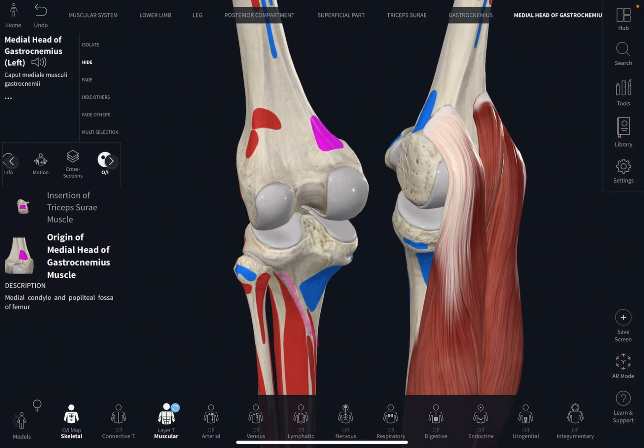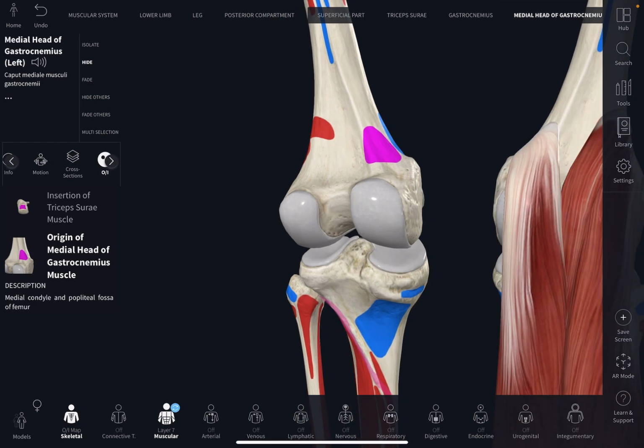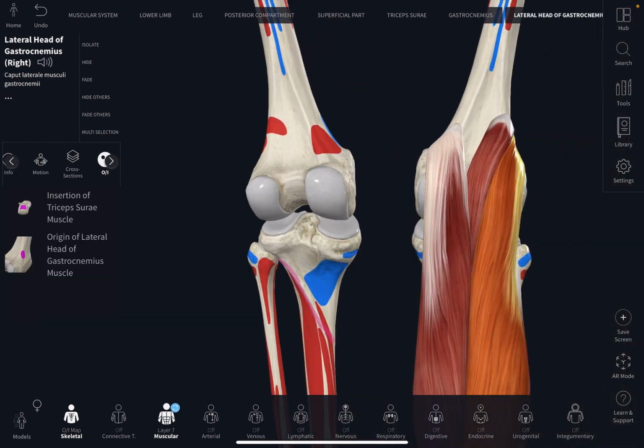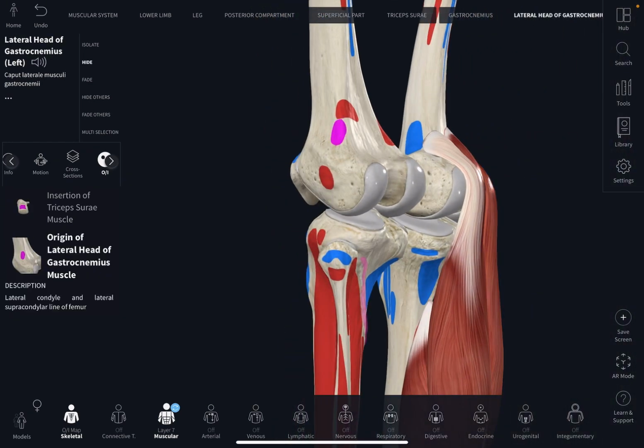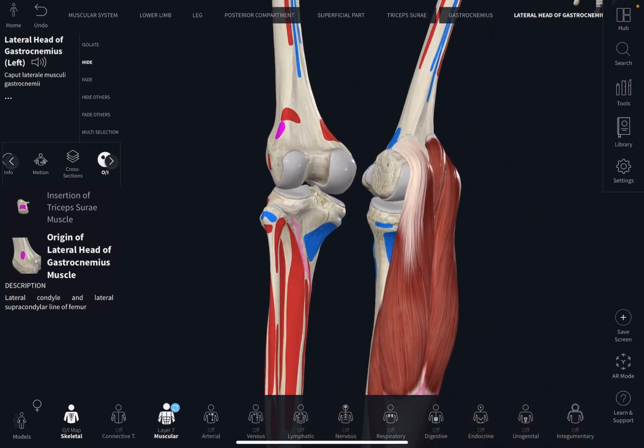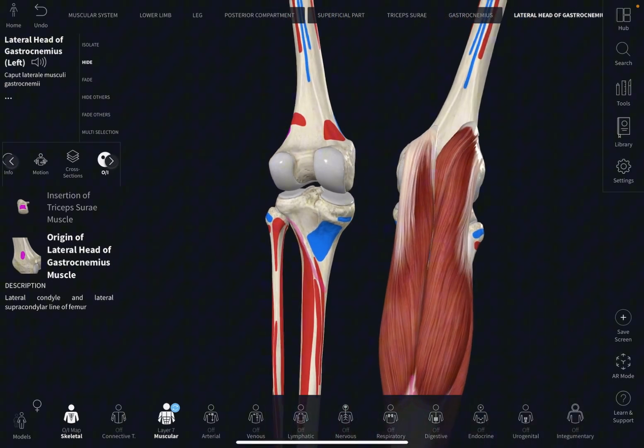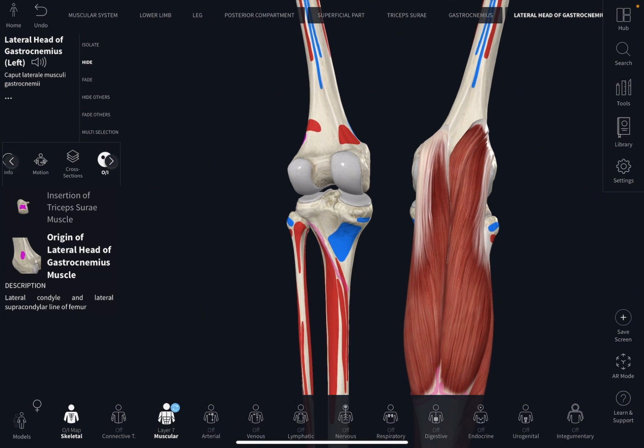Then we have the lateral gastrocnemius, which is going to originate from the lateral condyle. And the gastrocnemius and soleus are going to insert themselves to the calcaneal tendon, which is our Achilles tendon.